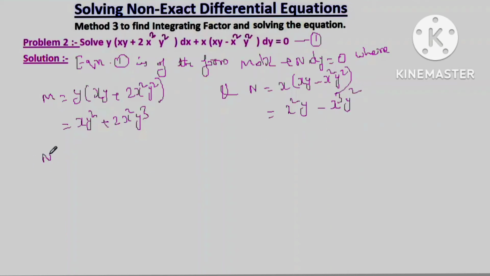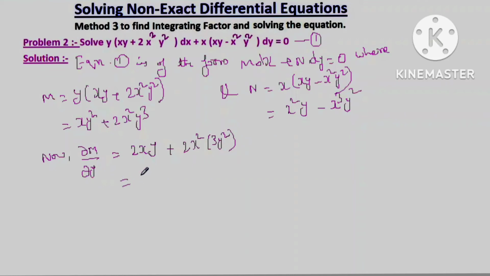Now ∂M/∂y is 2xy plus 2x square into 3y square, isn't it?